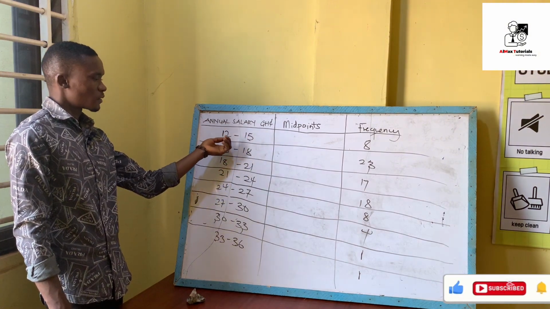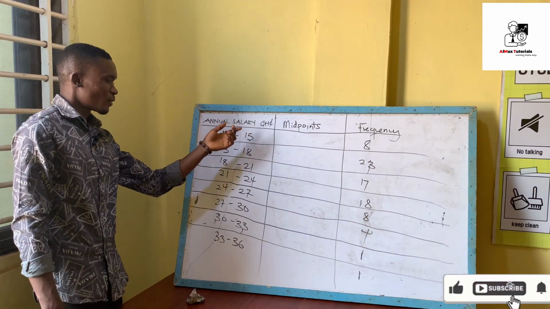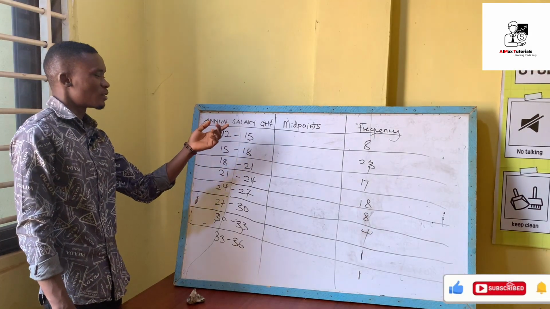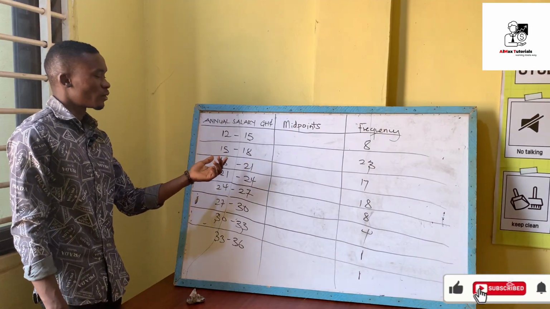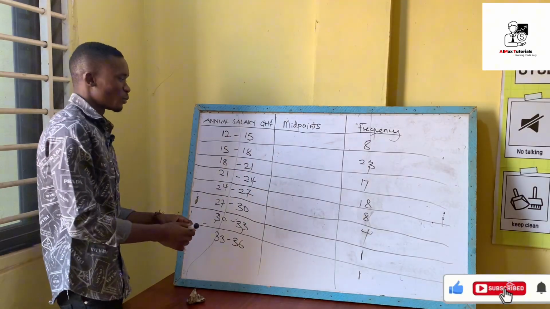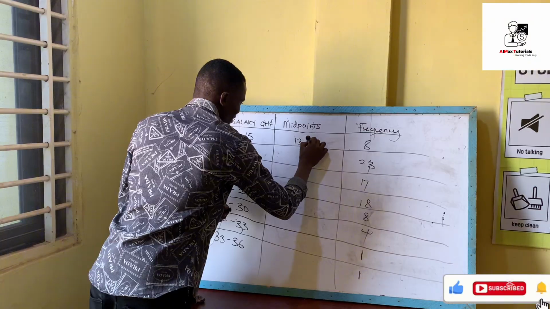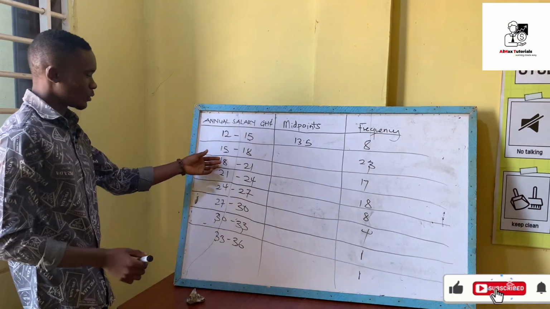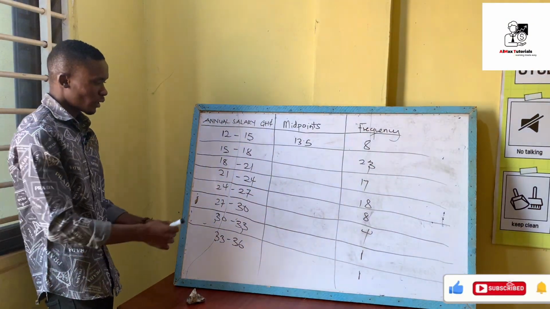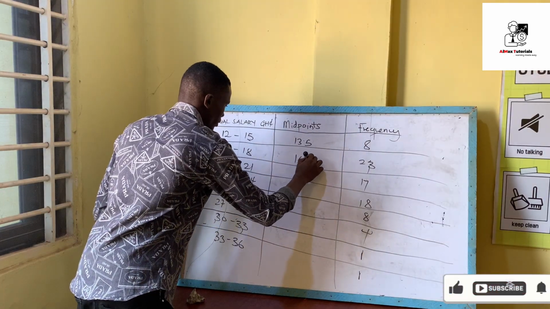So if you do that here, if you sum 12 and 15, you will get 27. And if you divide 27 by 2, you will get 13.5. So our midpoint here will be 13.5. And we continue with that throughout the class intervals given. So here will be 16.5.